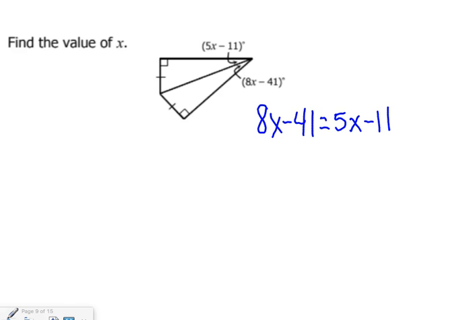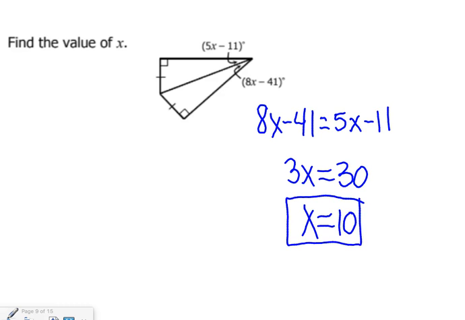Oh, that's a negative. Yeah, I'm not doing it that way. You do the other way. So then x equals 10. Did we get 10? Yes.